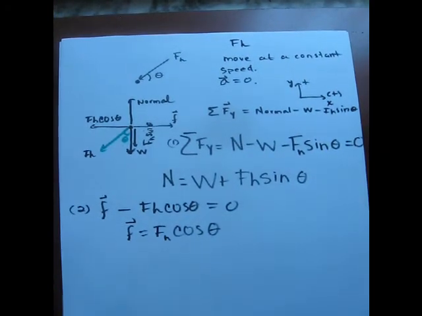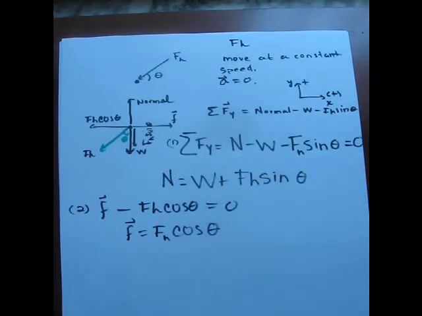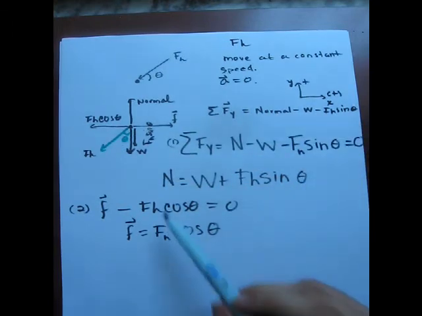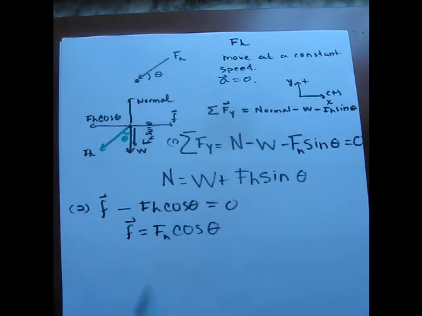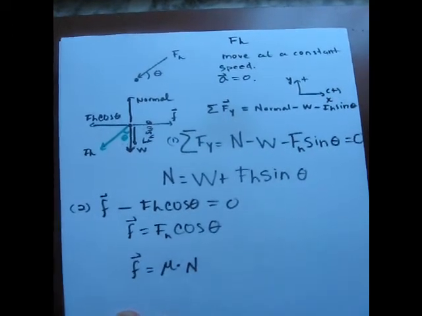So now I'm going to try to solve for this normal force. I know this normal force is the same thing as the weight plus F of H sine of theta. Another thing I could do is, my friction is always mu times my normal.